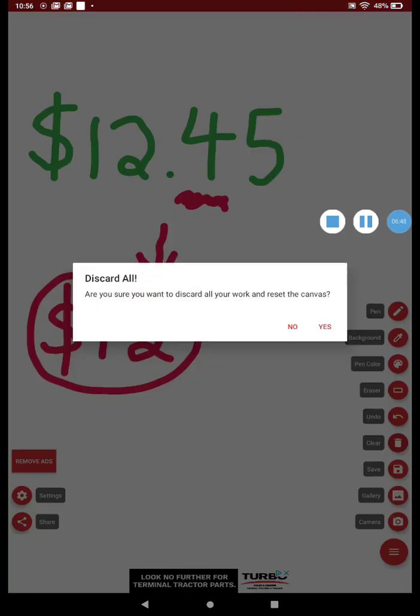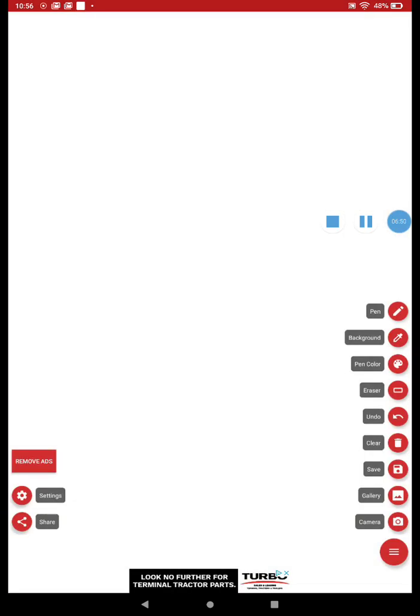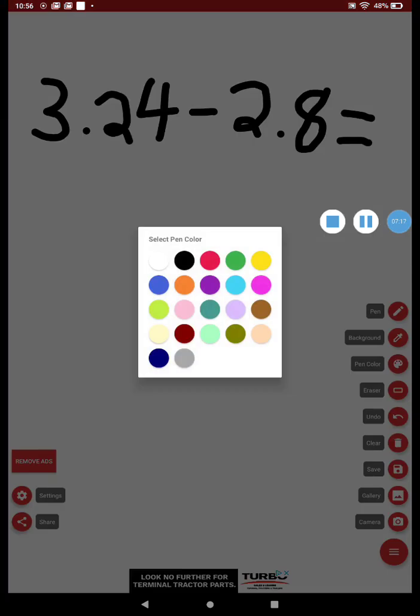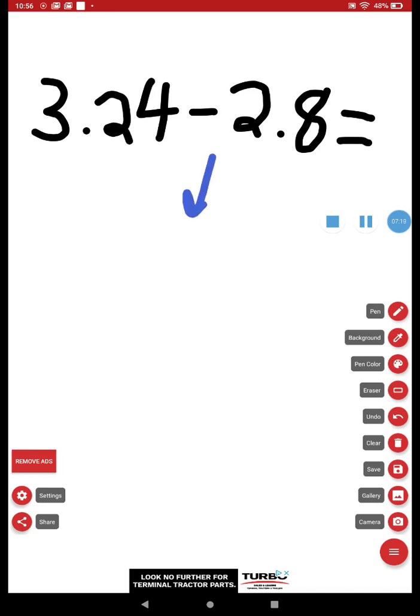All right, and one more thing we're going to review is how to add and subtract decimals. Well, we already talked about how to add decimals. That was our first example. So let's review how to subtract decimals. Well, if I have 3 and 24/100, subtract 2 and 8/10, we talked about how we need to rewrite it so they're on top of one another.